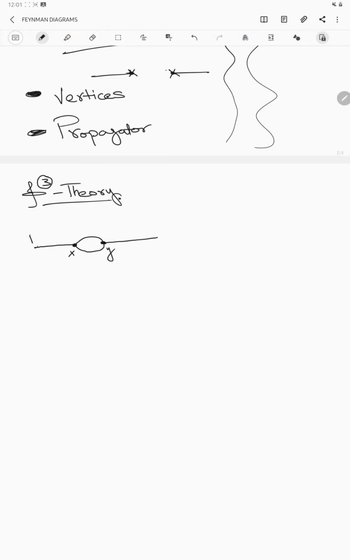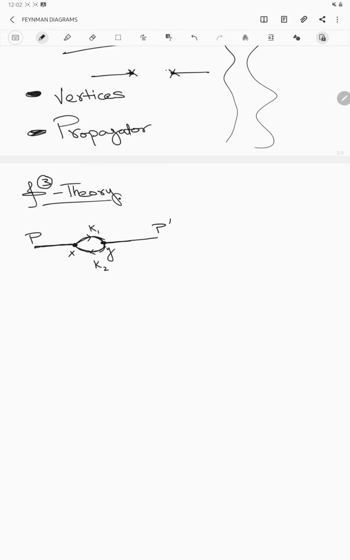Let's say you had a particle with momentum p, and later it had momentum p prime, and these two propagators in between, let's label them with momentum k1 and k2. Now you can see that each vertex over here has three lines connected to it, right? So these are those three lines. For this vertex, you have this one, and this one.